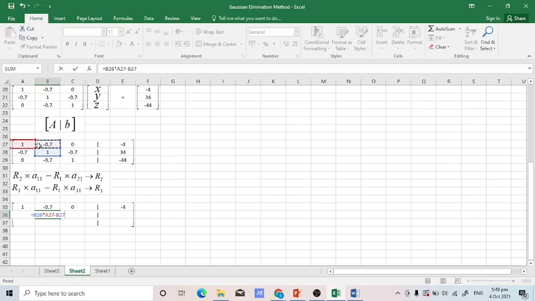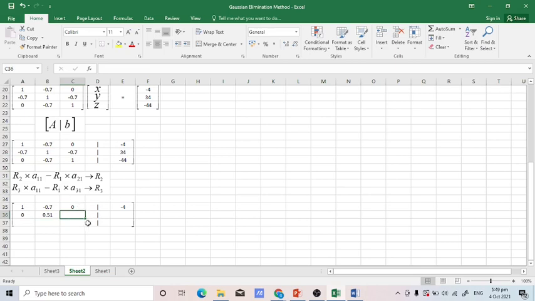R1 second element times A21. Saan yung A21? Ito, yung negative 0.7, A21. Enter. O, diba? 0.51.